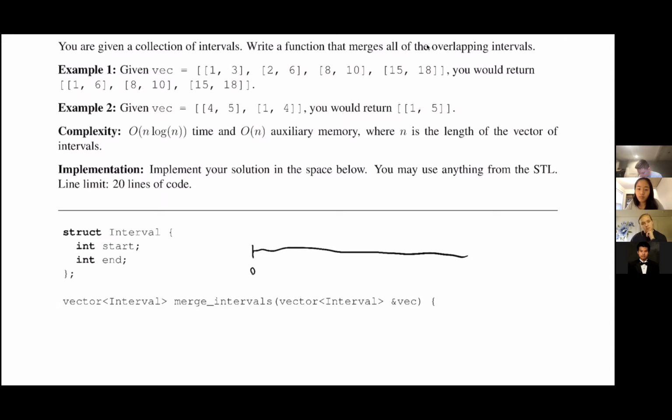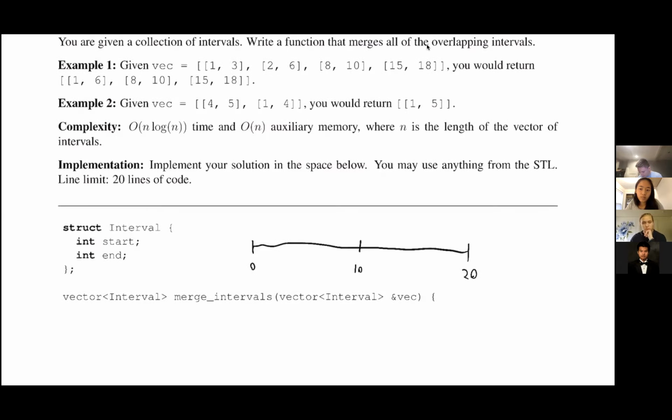We have 0, 10, 20. And then we have intervals 1 to 3, 2 to 6, and 8 to 10. Oh, and also 15 to 18. So that'll be right around here.